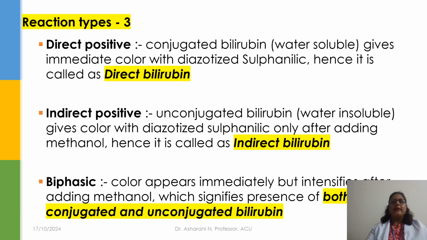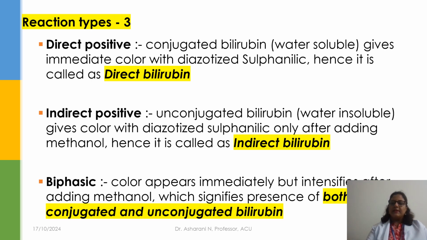So this direct, indirect and biphasic also tells about what type of bilirubin is elevated in the serum and also the pathology behind it. For example, if it is direct positive, then it goes in favor of obstructive jaundice. If it is indirect, it goes in favor of hemolytic.